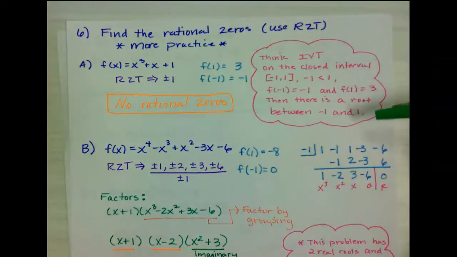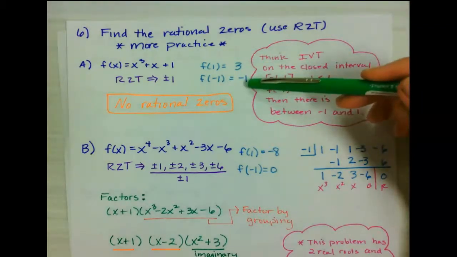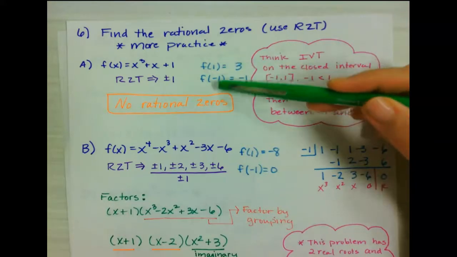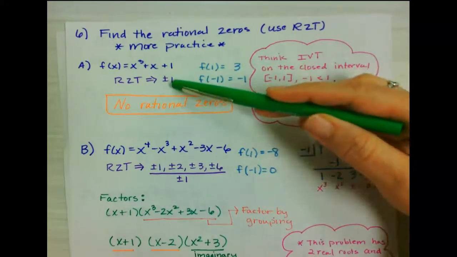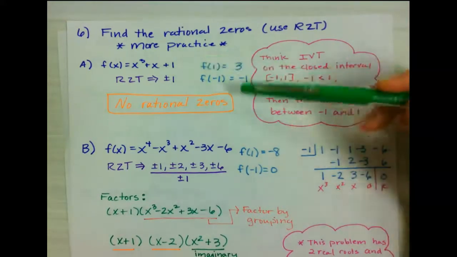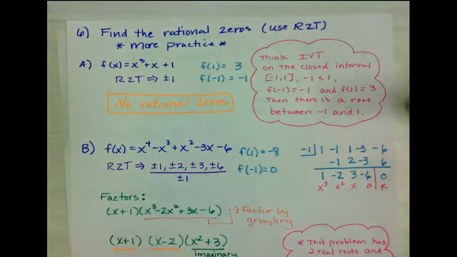And so by knowing that, if there's a root between these two, and it's not either one of the only 2 that I have in my rational zero test, then I know there's no rational zeros. So you have to be careful. Don't say no solution. Say no rational solutions, because there could definitely be imaginary ones.